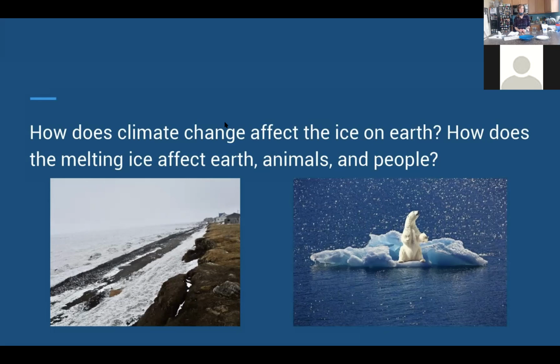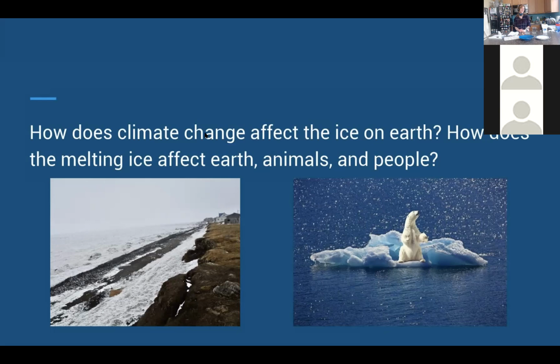So how is the warming air going to affect the ice that the polar bears live on? Do you think the ice is going to melt faster because the ocean is getting warmer? John, what do you think?